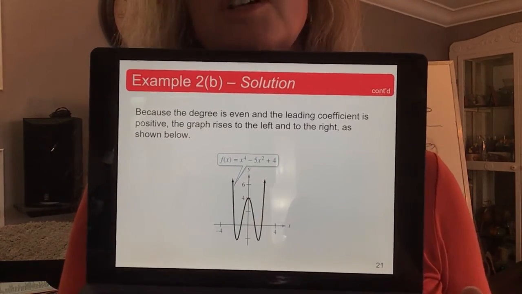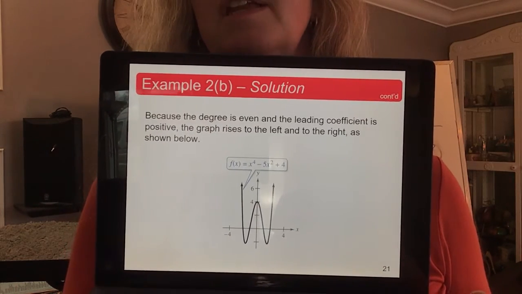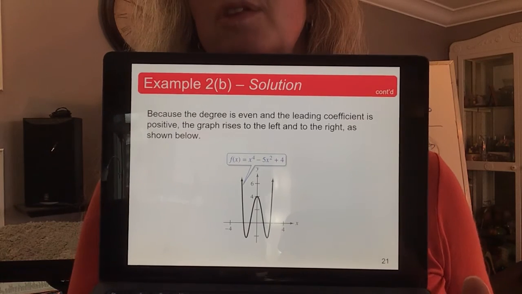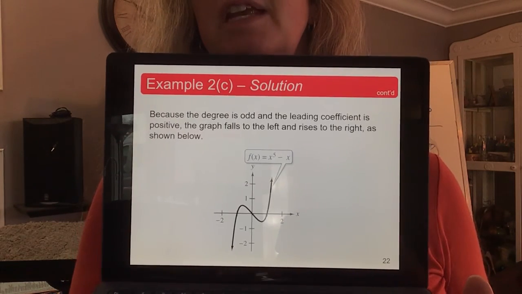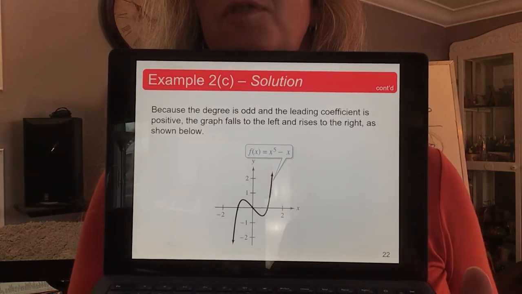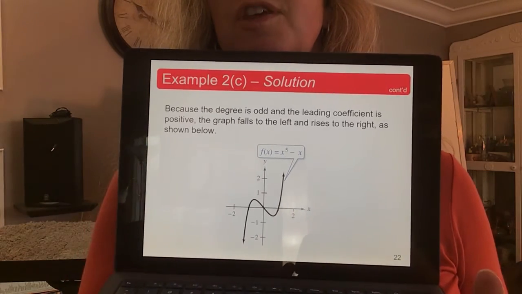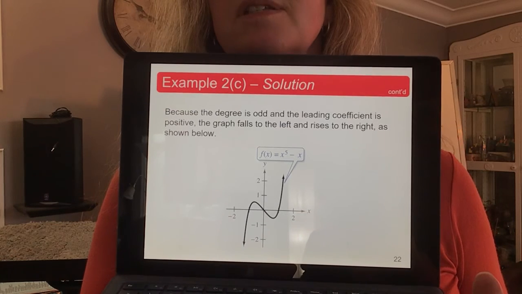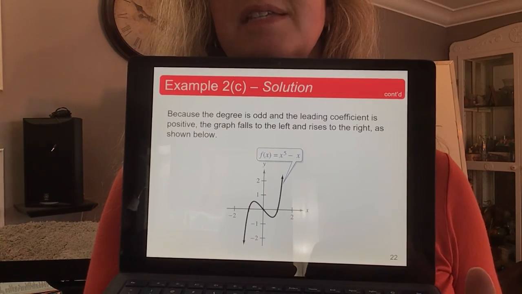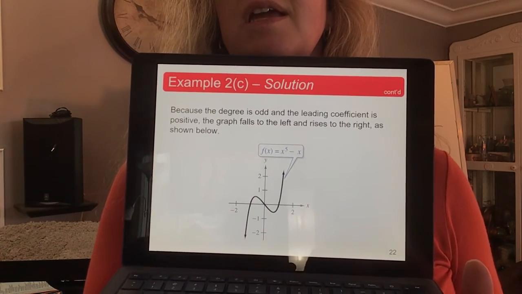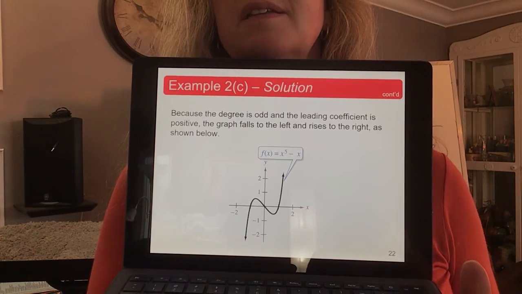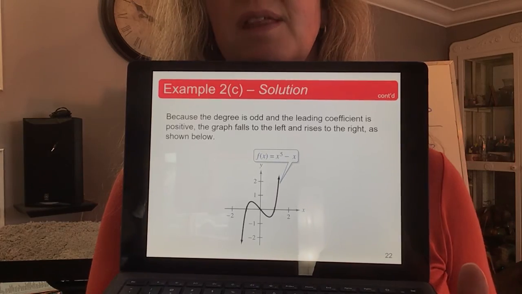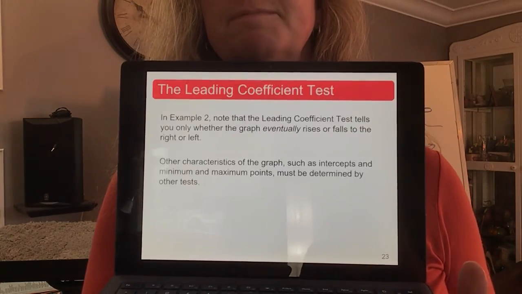That leading exponent is even, and the leading coefficient is positive, so they both go to positive infinity. If I look at f of x equals x to the 5th minus x, the highest power is the 5th power. That's an odd number, and my leading coefficient is positive, so my right end goes to positive infinity and my left end goes to negative infinity.